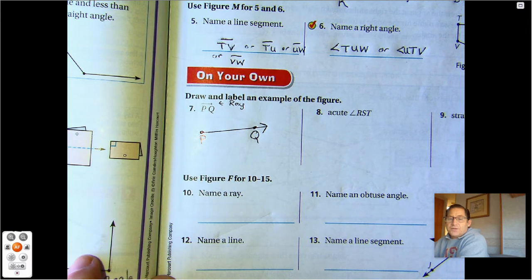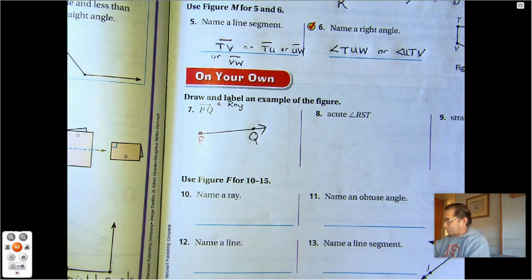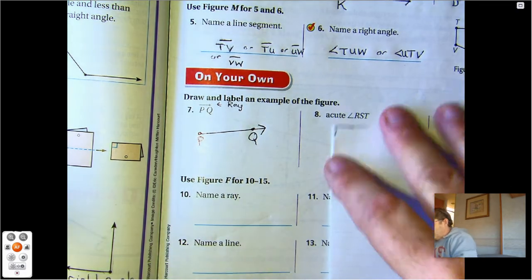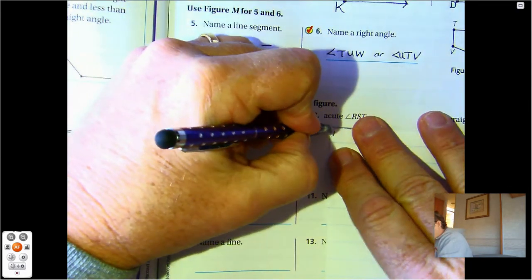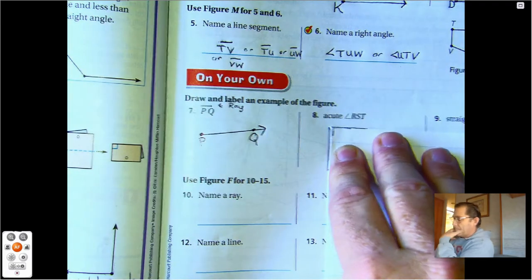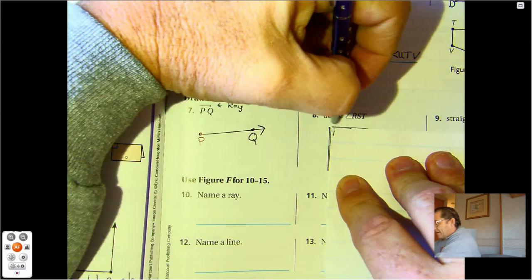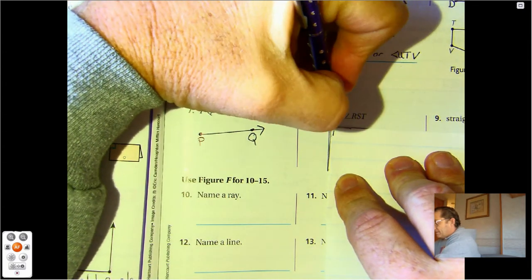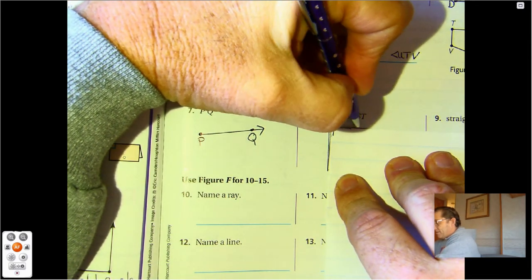Now we have to draw an acute angle with the points R, S, T. An acute angle has to be open less than a right angle.